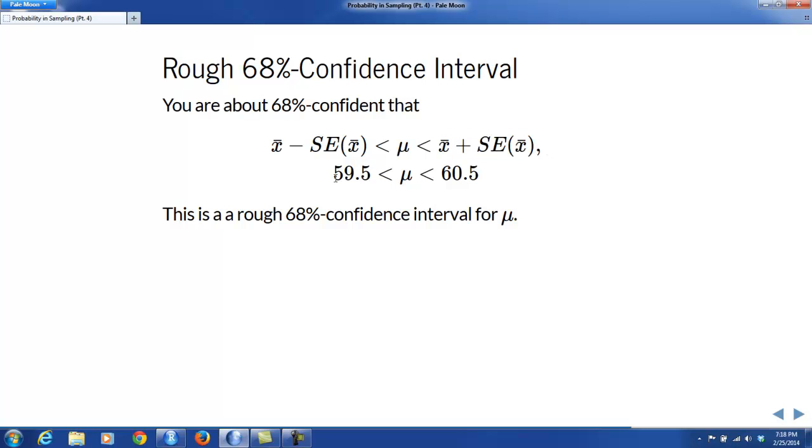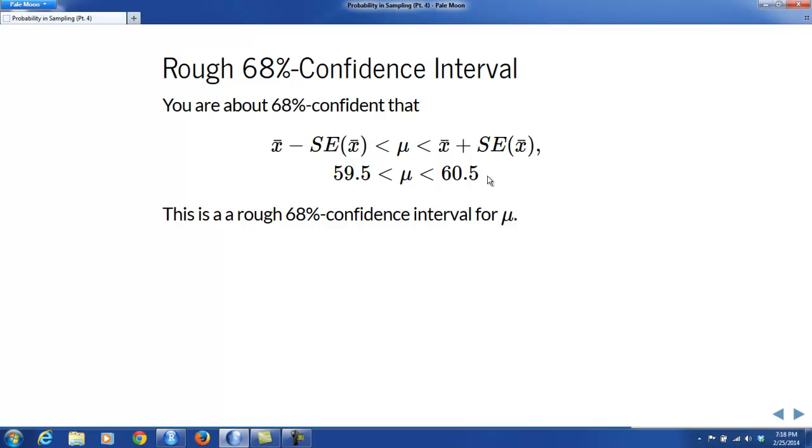So we're 68% confident that mu lies somewhere in between 59.5 and 60.5. That interval of real numbers from 59.5 to 60.5 is called a 68% confidence interval for mu.